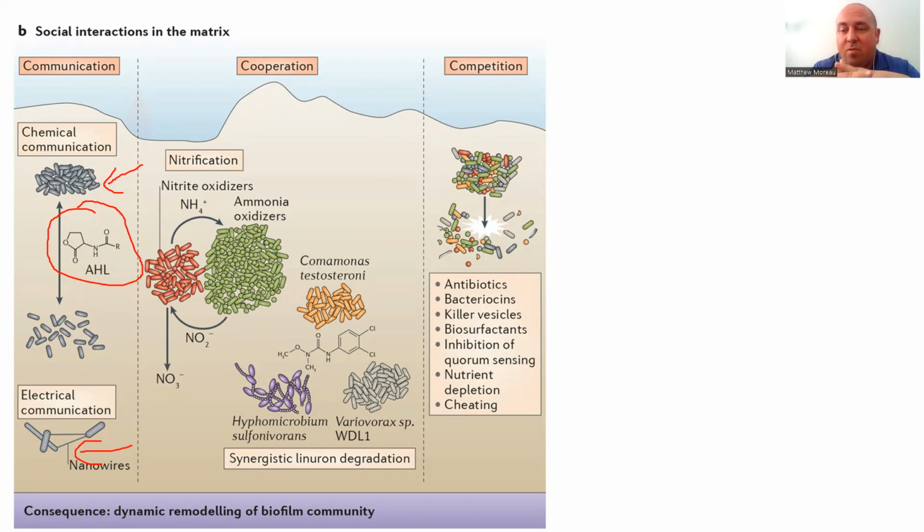So there are things like nanowires, cell-to-cell contact, and other types of interactions, which really play an important role in modulating how much of those chemical signals can play on regulating gene expression.